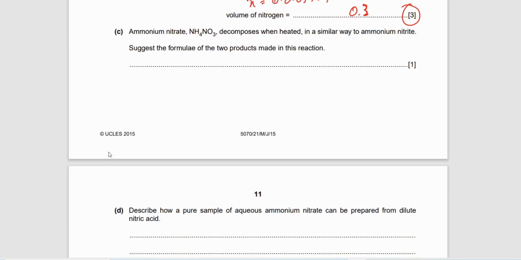Ammonium nitrate, this time nitrate, you can see it over here clearly, and the formula is NO3, not NO2. Ammonium nitrate decomposes when heated in a very similar way to ammonium nitrite. Suggest the formula for two products made in this reaction. I'm writing here, NH4NO3 is decomposed to form water and nitrogen: N2 and water, 2H2O, 2H2 and O, and one oxygen is left.